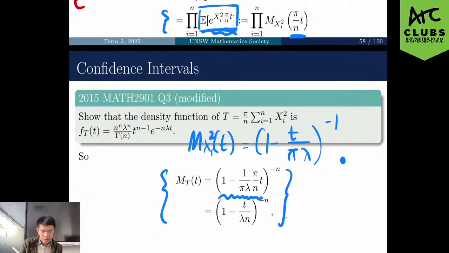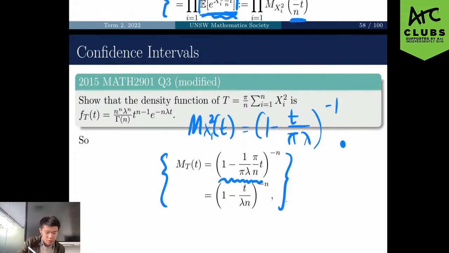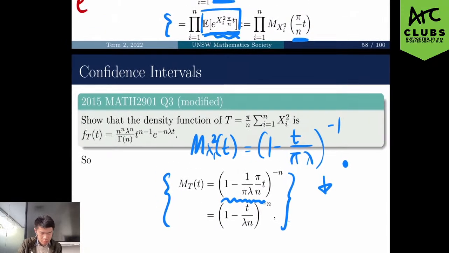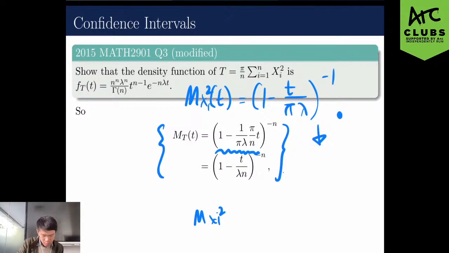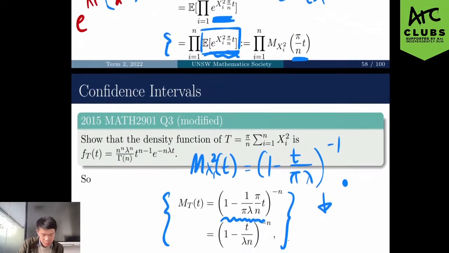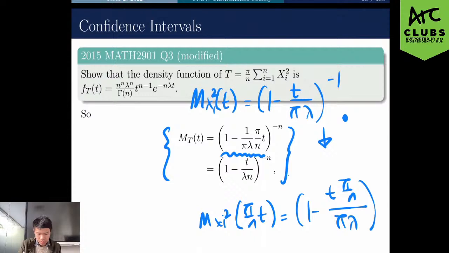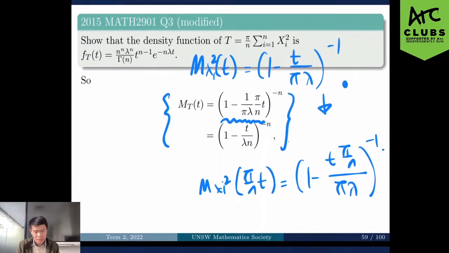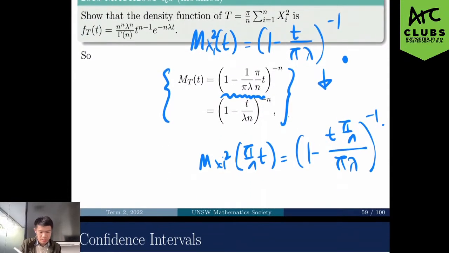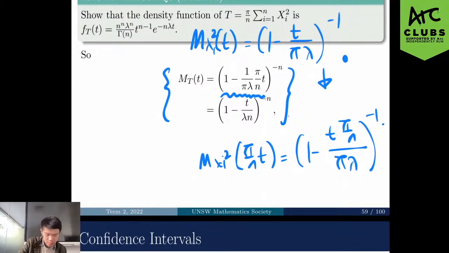Then you take this to the power of n, or first of all you have to sub in t times pi on n, and you'll get 1 minus t times pi on n divided by pi lambda. And then you just put it to the power of n because you've got a product of n of them, and you end up with this thing over here.